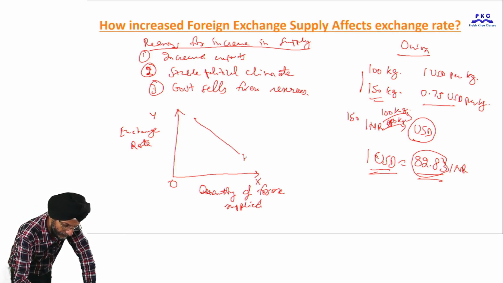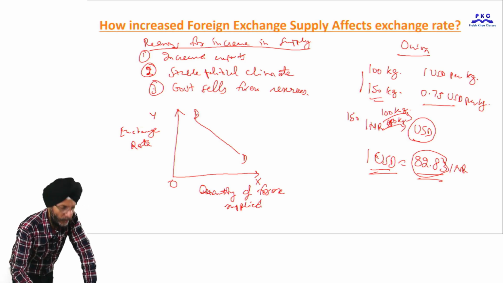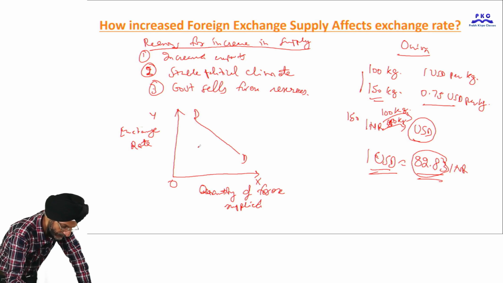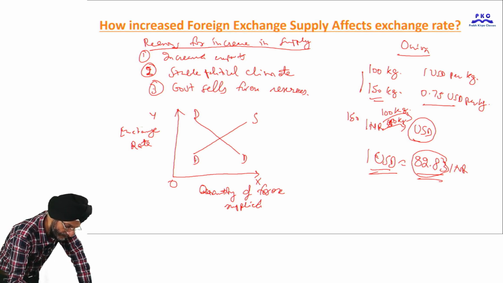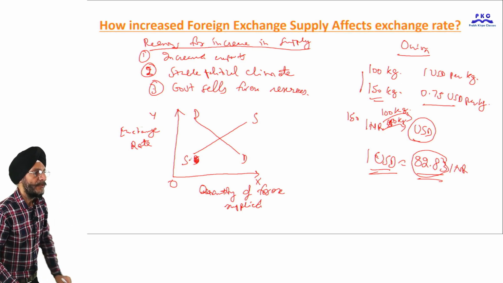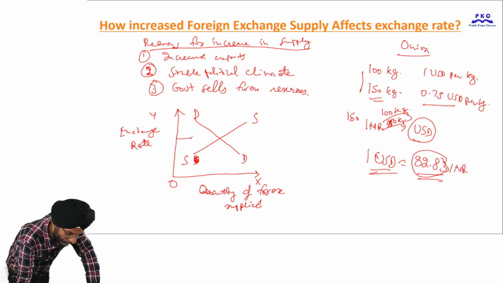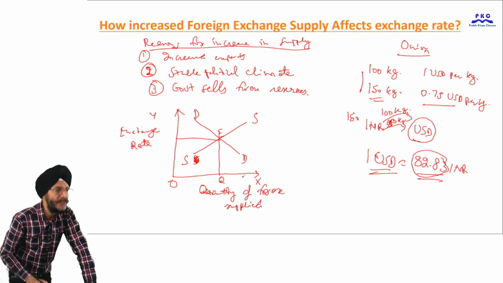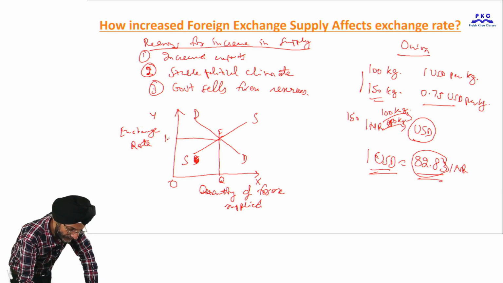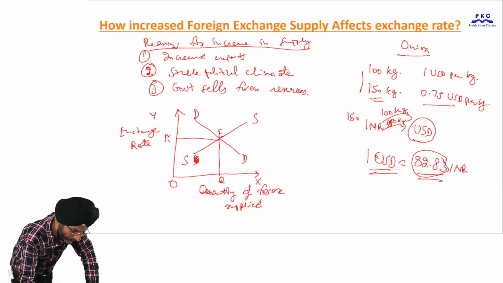As you know, the demand curve is downward sloping. DD is the demand curve, which is downward sloping, and SS is the supply curve. So here the equilibrium point is E and OQ is the quantity supplied at exchange rate R.